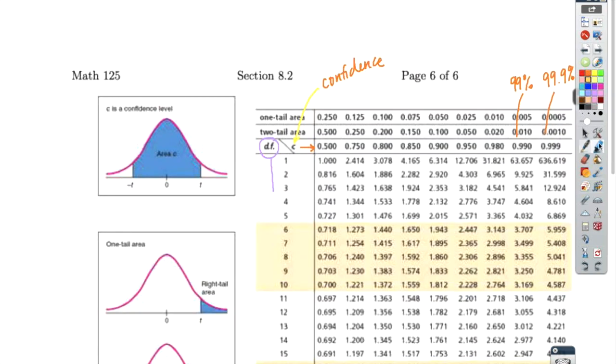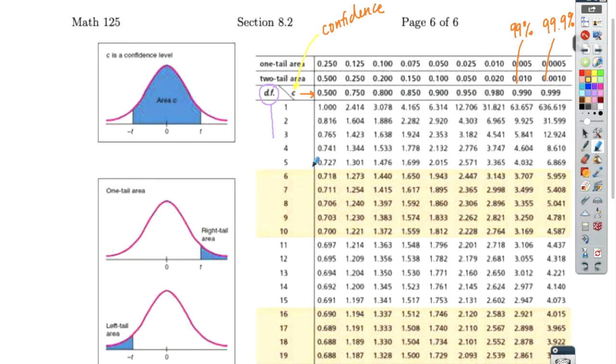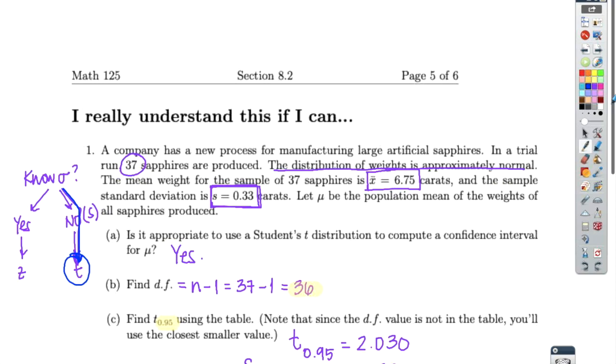So I'll bring those over to my table. Degrees of freedom 5 tells me that I'm in this row. Confidence level 95% tells me that I'm in this column, and there is my critical value, 2.571.